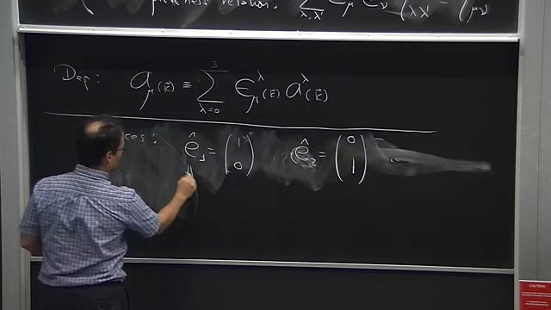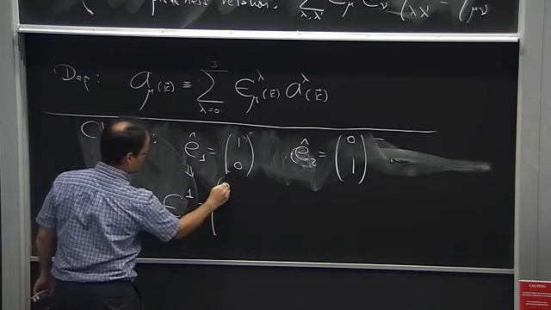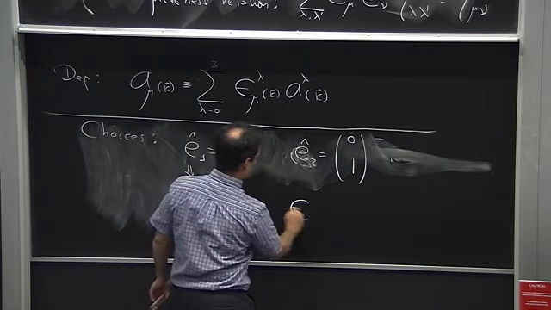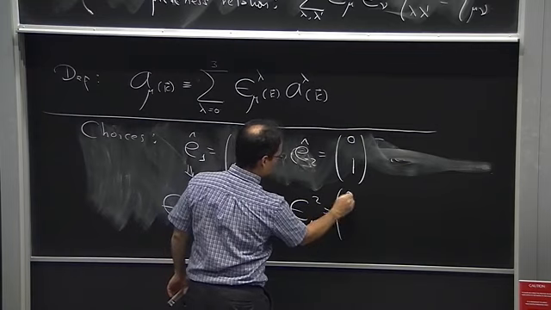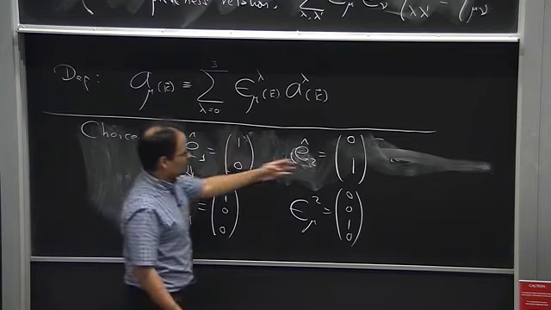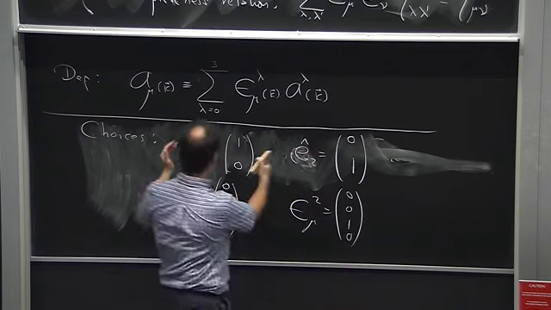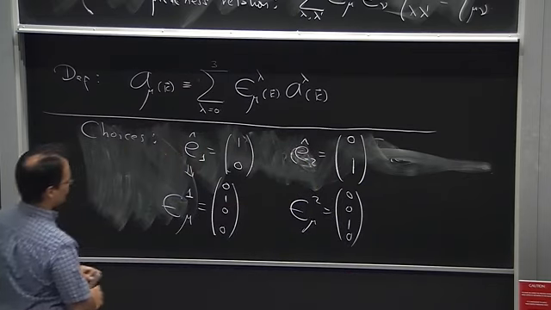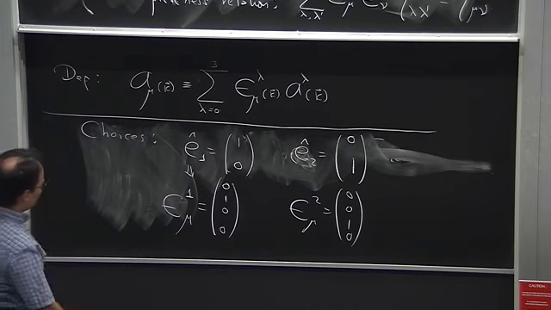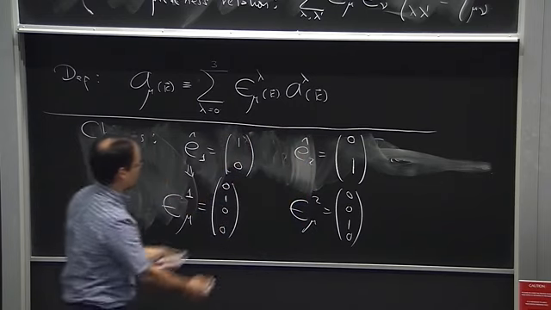In this case, your 4-vector E1 would be the vector 0, 1, 0, 0. Is that clear now? And in this case, your vector E2 would be 0, 0, 1, 0. So if you make this choice, this is what people call a linearly polarized object, if you only have this polarization vector. Okay? But there are better choices in the sense that they are nicer in order to describe physical systems.